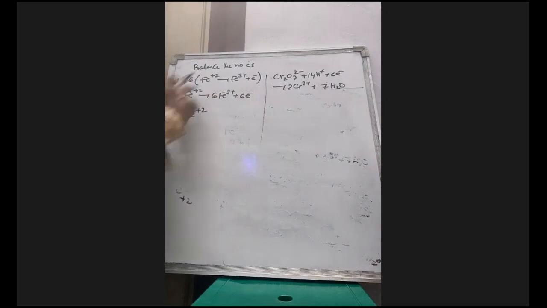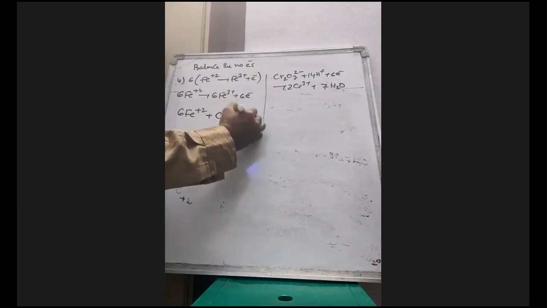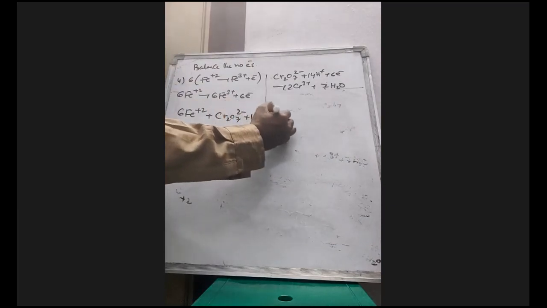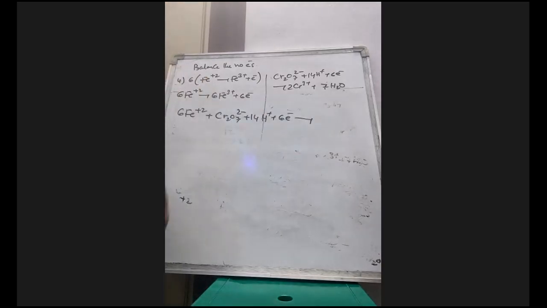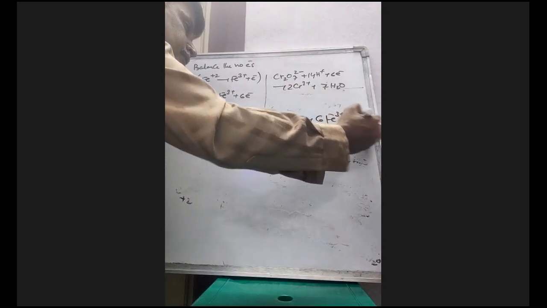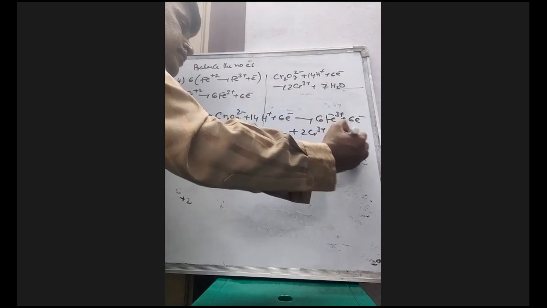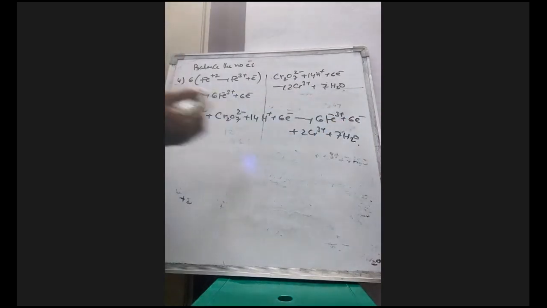6Fe2+ on this side. Next is Cr2O7 2- plus 14H+ plus 6 electrons gives the rest. Now come back to the other half reaction: 6Fe3+ plus 6 electrons plus 2Cr3+ plus 7H2O.